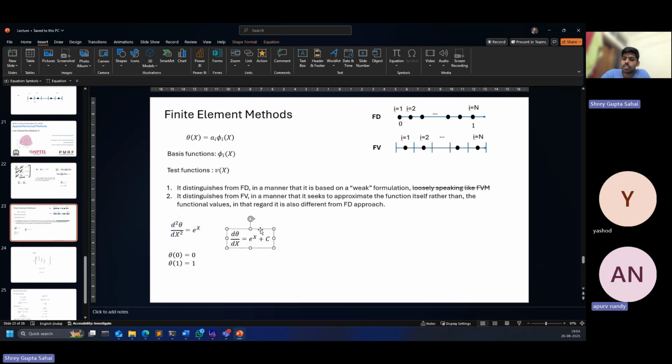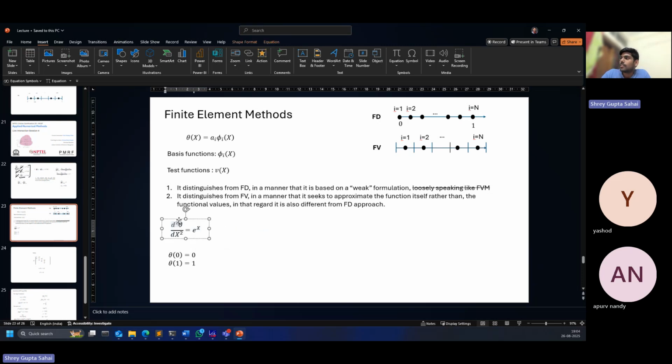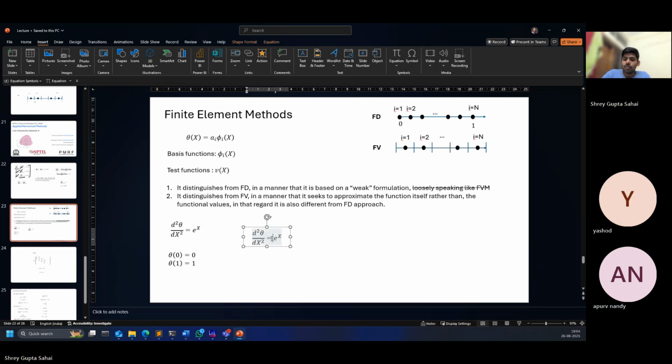Let's forget about this equation for the time being. Test function is there, right? Actually, I'm just trying to draw an analogy. Let me guide you that way. What if this is my error function?